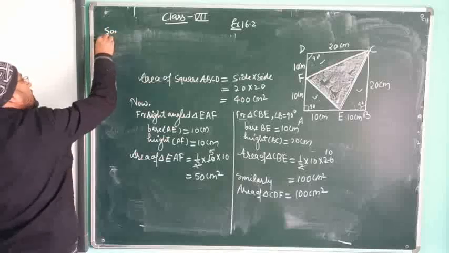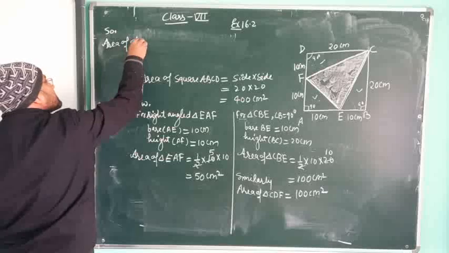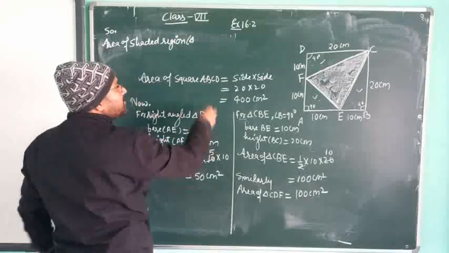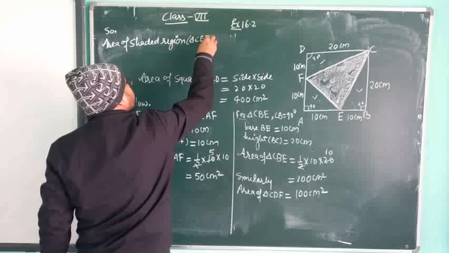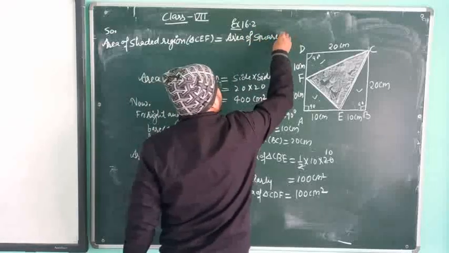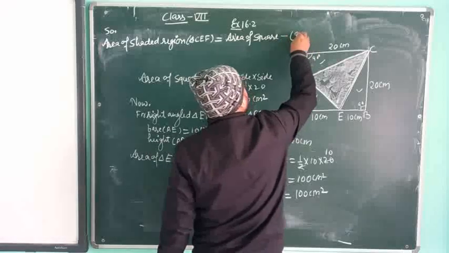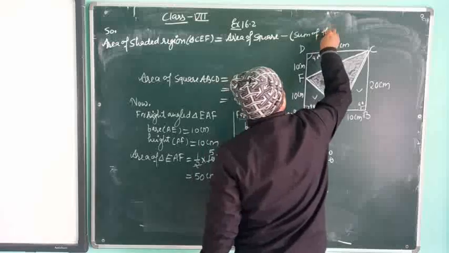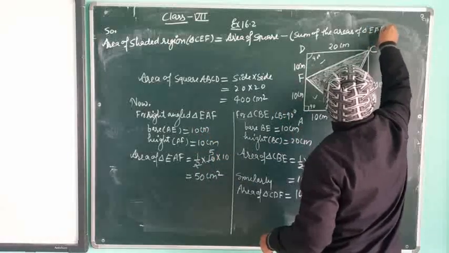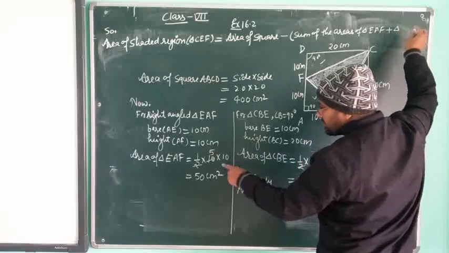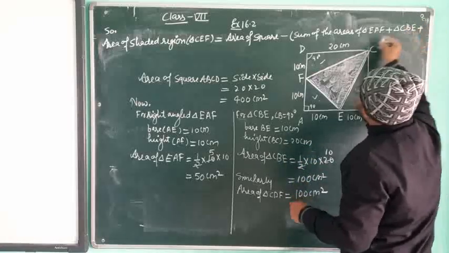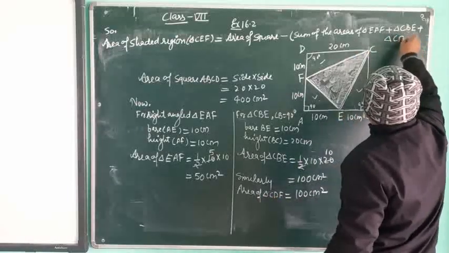So the area of shaded region, means triangle CEF, is equal to area of square minus sum of the areas of triangle EAF plus triangle CBE plus triangle CDF.